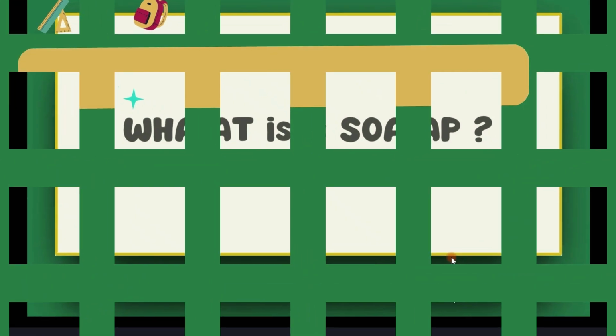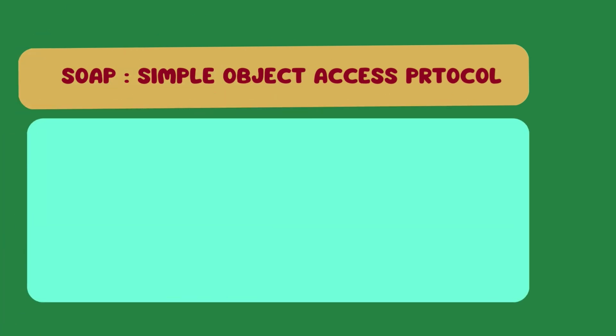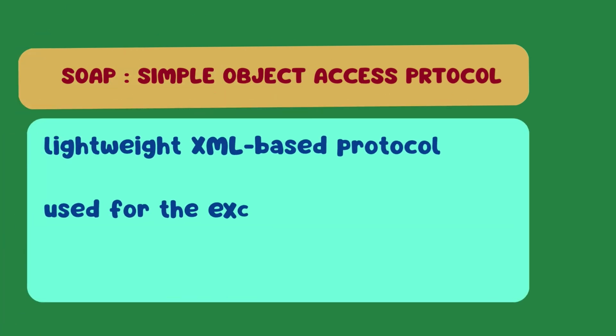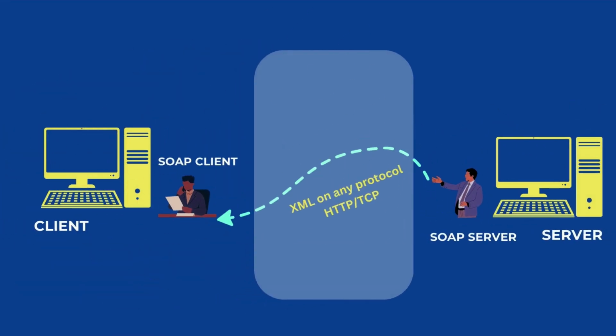SOAP is the Simple Object Access Protocol. It's a lightweight XML-based protocol that is used for exchange of information in a decentralized and distributed application environment. You can transmit SOAP messages in a way that the applications require, as long as both the client and the server use the same method.